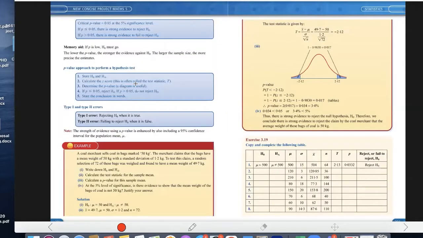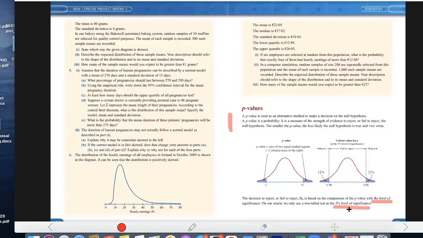Let me go back to the diagram. The 5% level of significance is the exact same as the 95% level as well. So they're either talking about the 95% here in the middle, or the 5% on the outside. Don't get confused with them, they're the exact same thing.